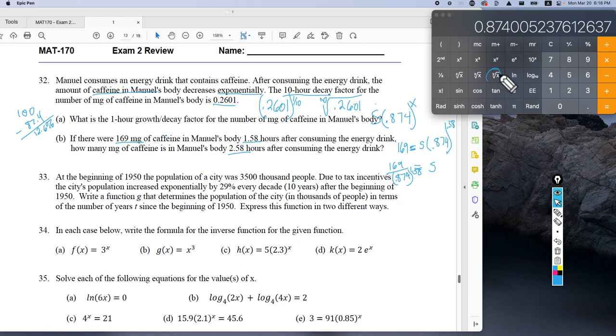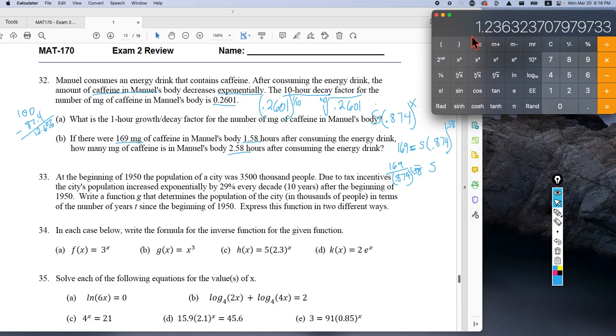So we can go ahead and calculate that. 169 divided by 0.874, and this one we're going to use an exponent, x to the y, so x raised to the 1.58, that's our y. We end up with that, and then we hit the equals.